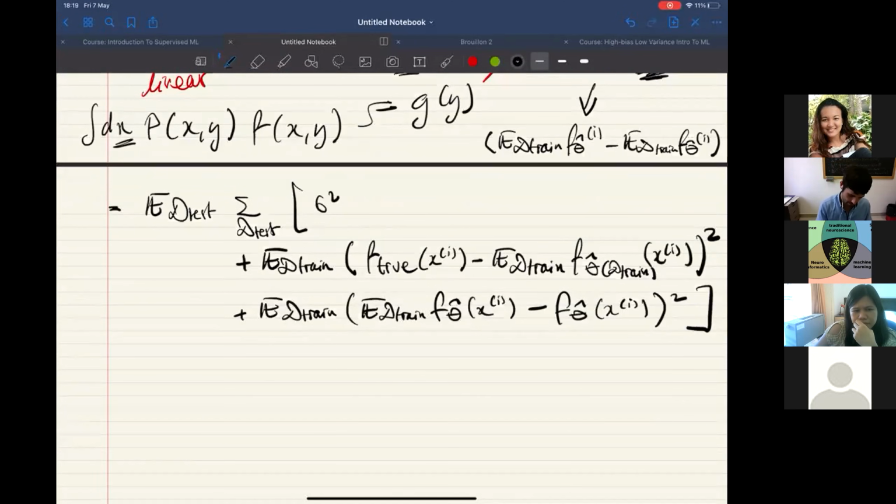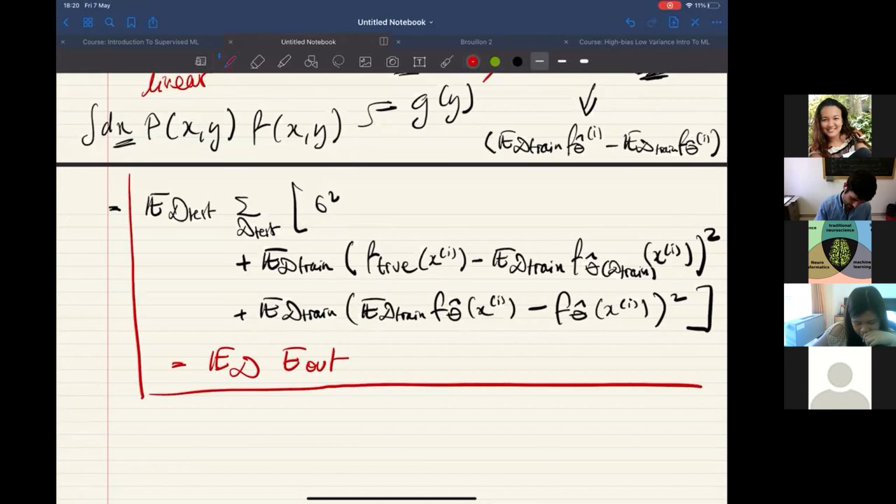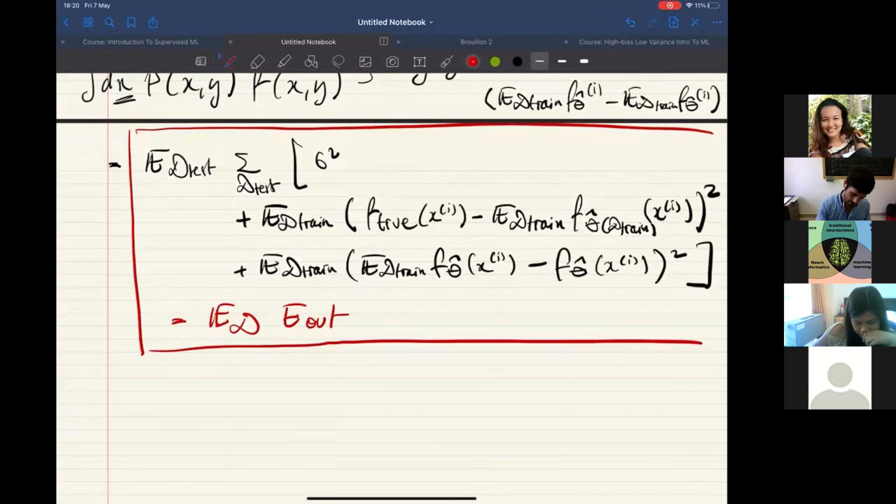So now let's analyze this result. All that is equal to the expectation over all the randomness of the data, training and test data, and noise, of the generalization error. So let's see. There are 3 contributions.